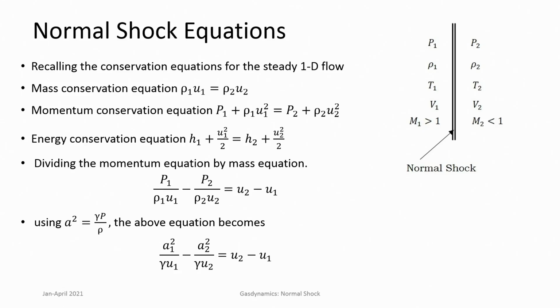The conservation equations of mass, momentum, and energy for one dimension are used to analyze the normal shock. It is an adiabatic process without any work done. So, you can apply these equations along with the equation of state and a relation for the enthalpy.